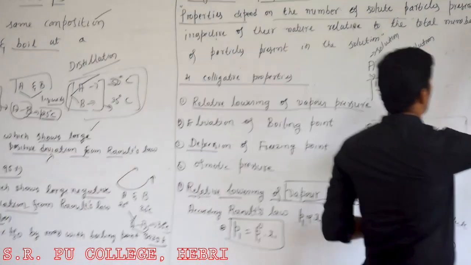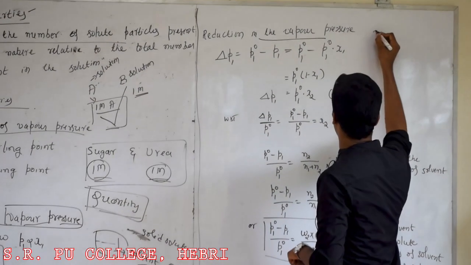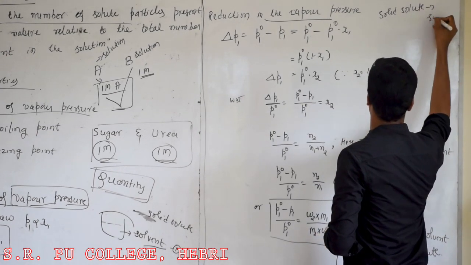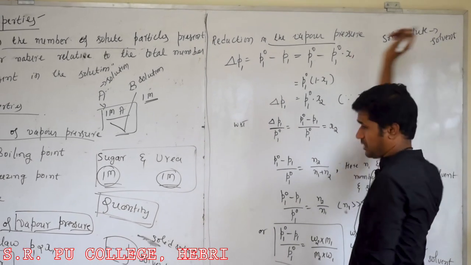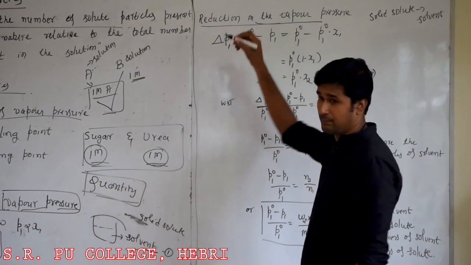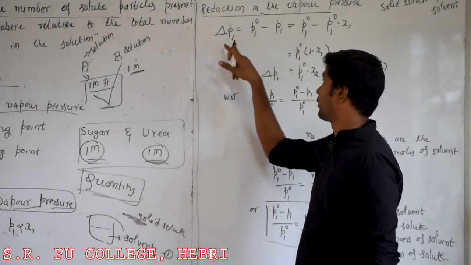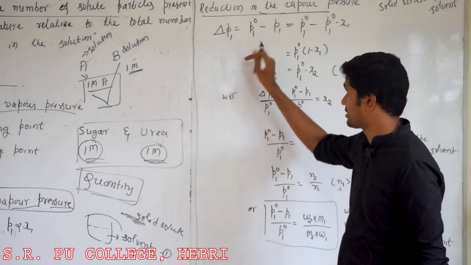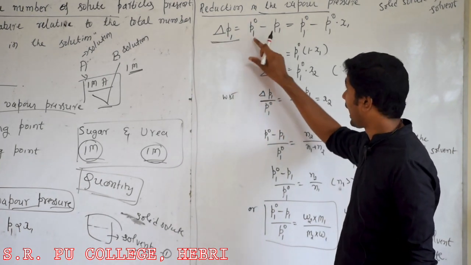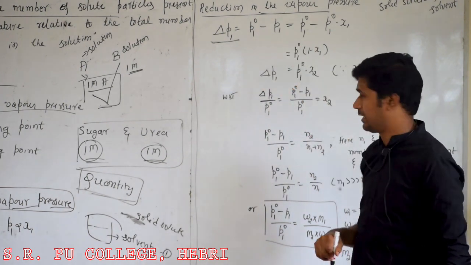Now, reduction in the vapor pressure when a solid solute is added to a solvent. What happens to the vapor pressure? Vapor pressure decreases. The reduction in the vapor pressure is equal to delta P1. Delta means difference; this is the change in vapor pressure. Delta P1 is equal to the initial vapor pressure P1 naught minus P1.